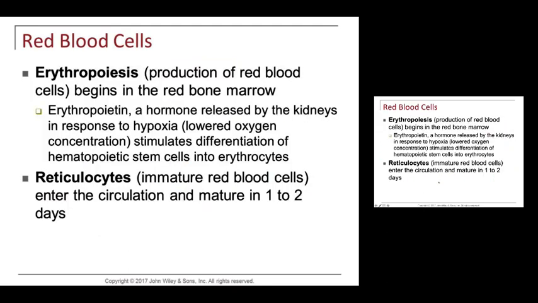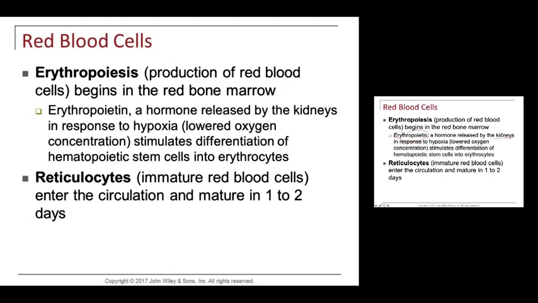When we need to produce more red blood cells, that's where the kidneys produce erythropoietin, a hormone that your kidneys can produce.